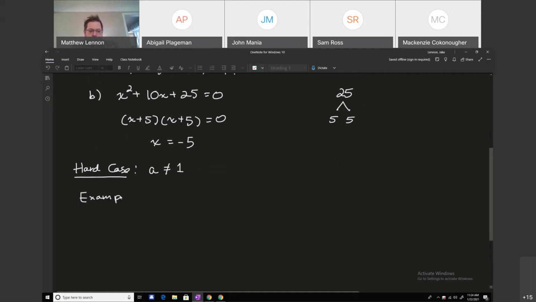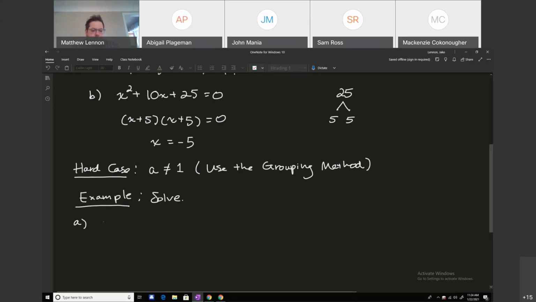Remember what we use here in this case, we use the grouping method. So we have to decompose the middle factor, and then from there, we want to factor out the GCF. So let's say, again, we just want to solve.